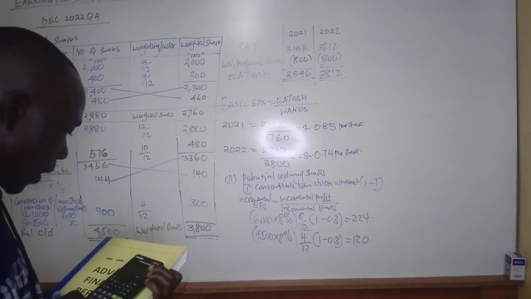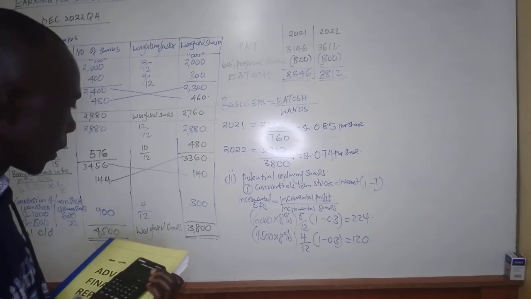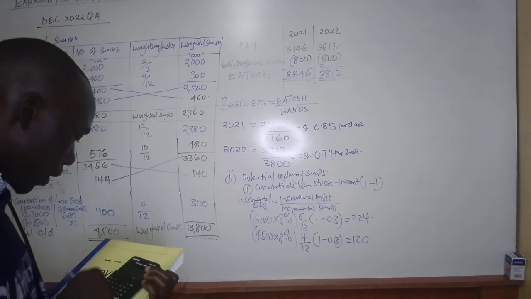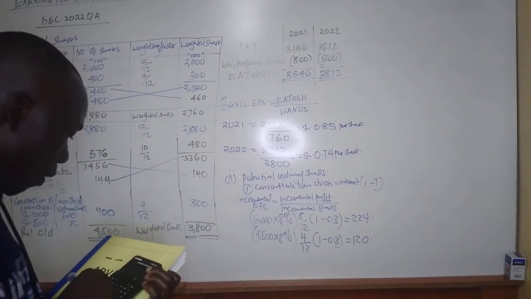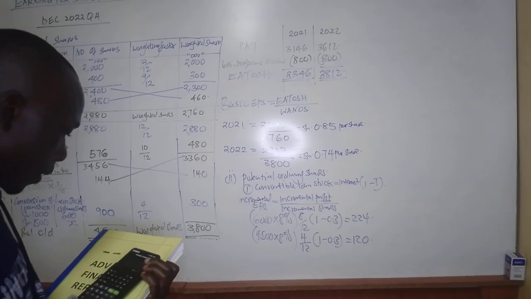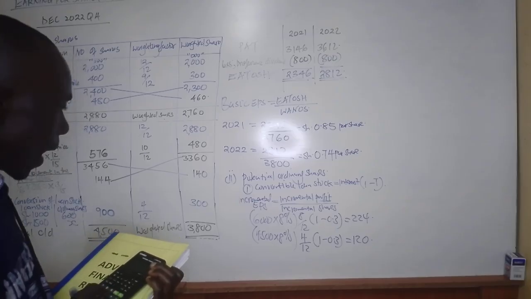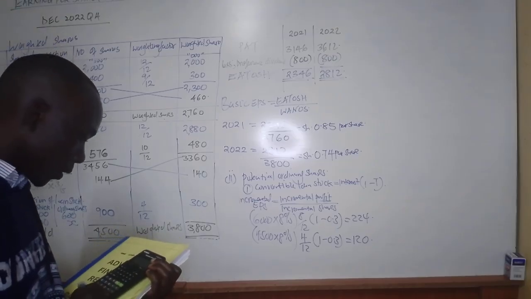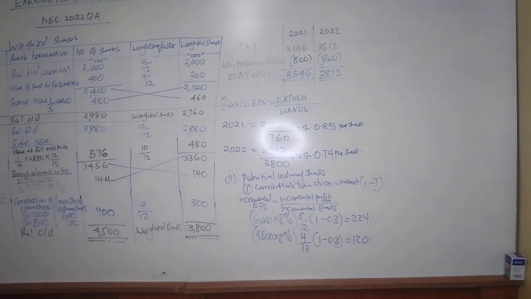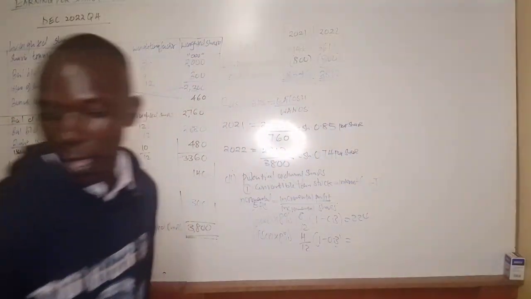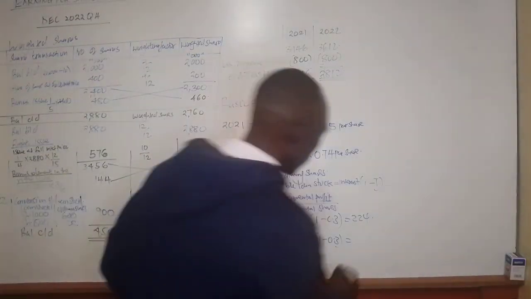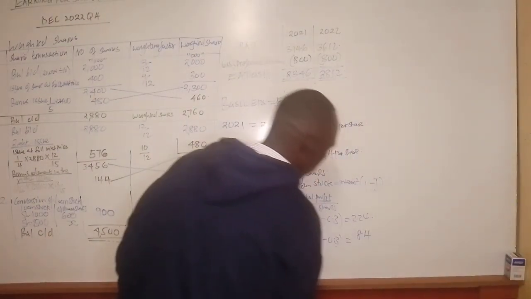Then the second one again, 4,500, multiply by 8%. So you will get 360 times 4 all over 12. You will get 120 times 0.7. So it is 84. Sorry for that. This is supposed to be 84.